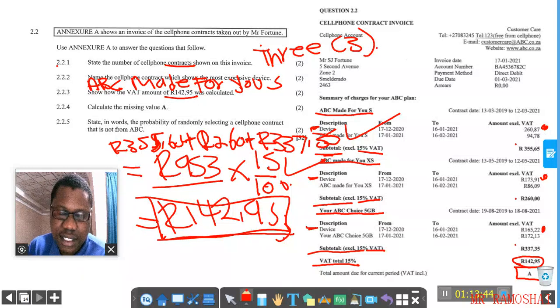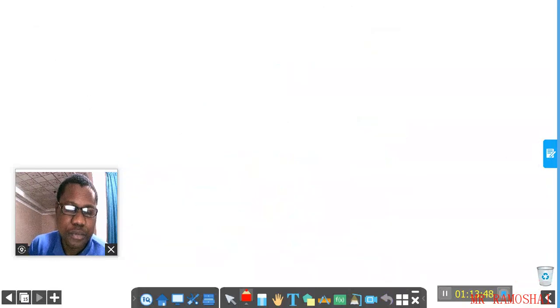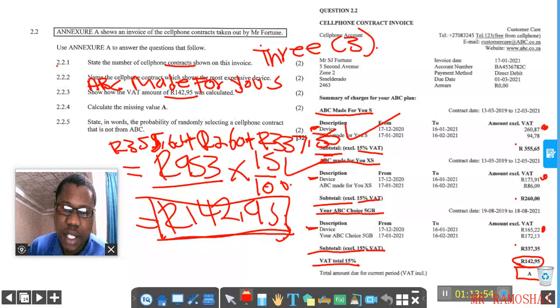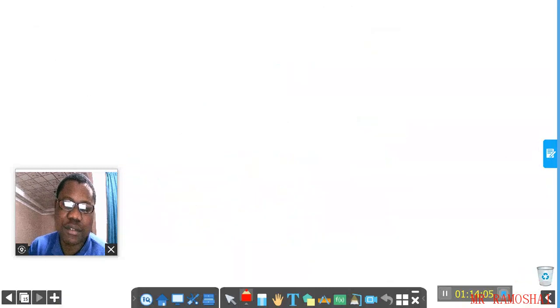And then after that, let me add a page. So after that, we're also now going to include VAT, because the amount due must include VAT. So if you check, already we have calculated the total amount excluding VAT, which is 953.